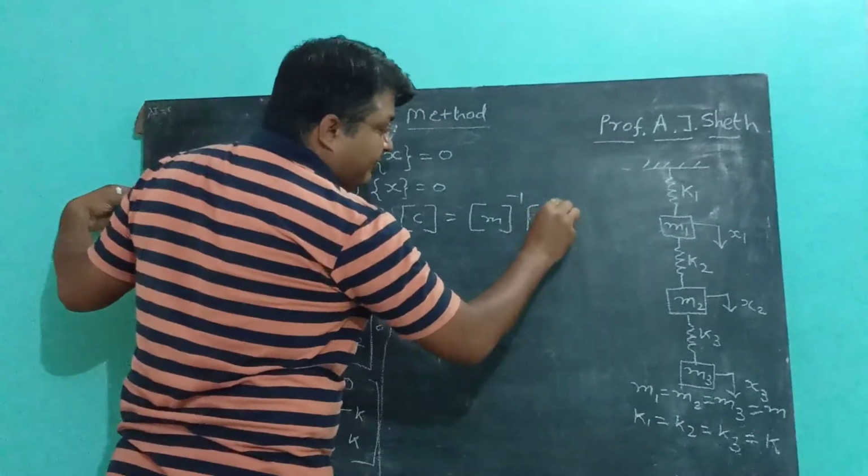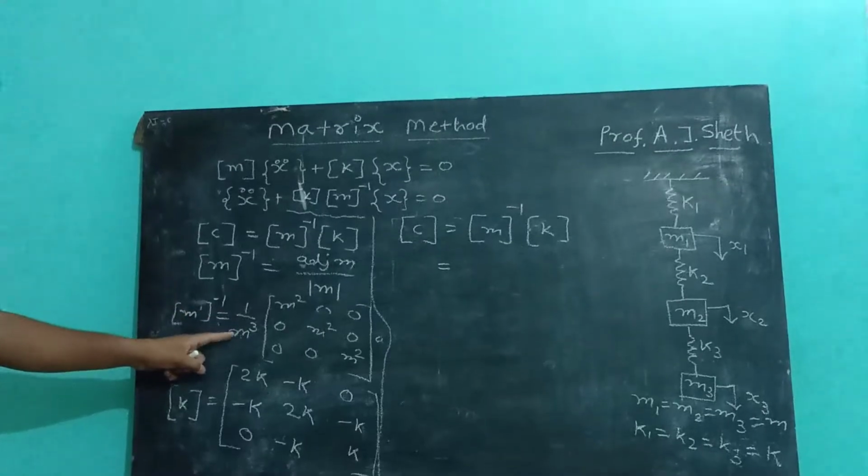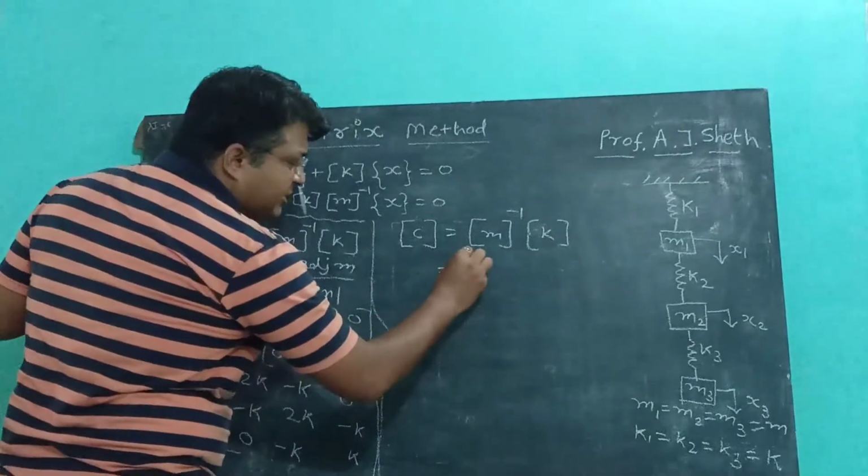M inverse K. Now M inverse is 1 by M. Well, let us put it inside.